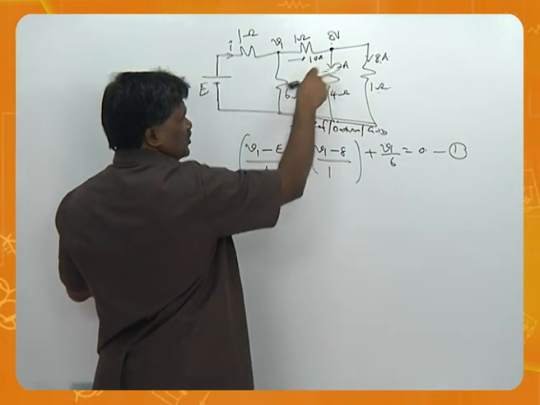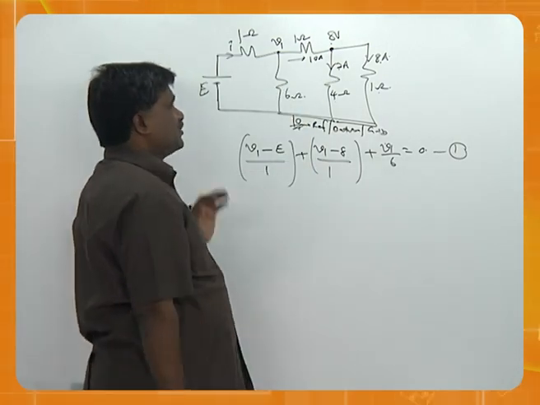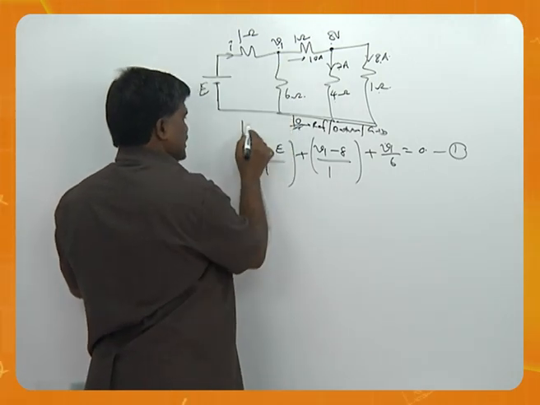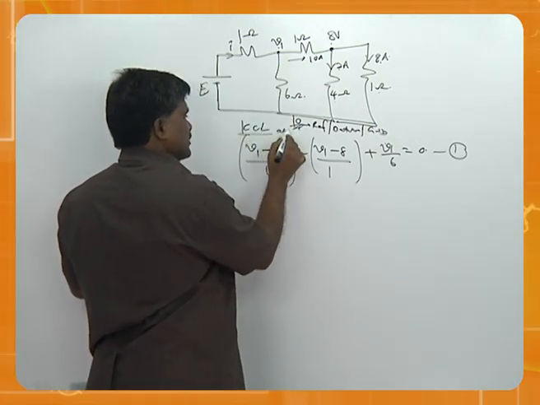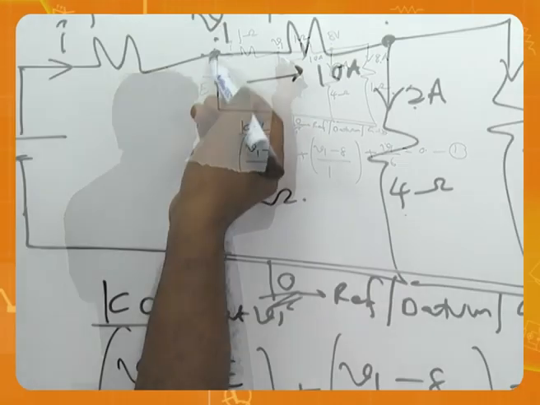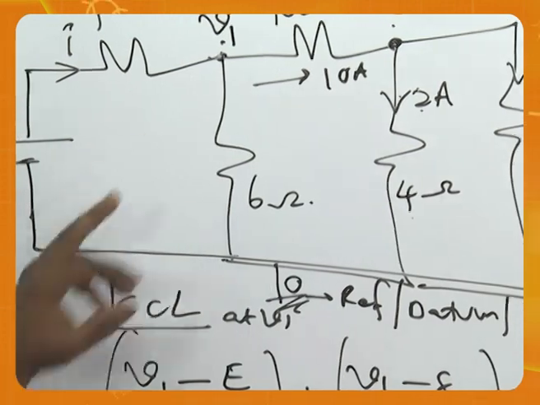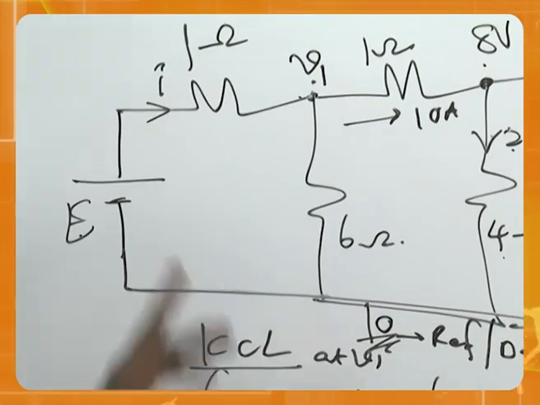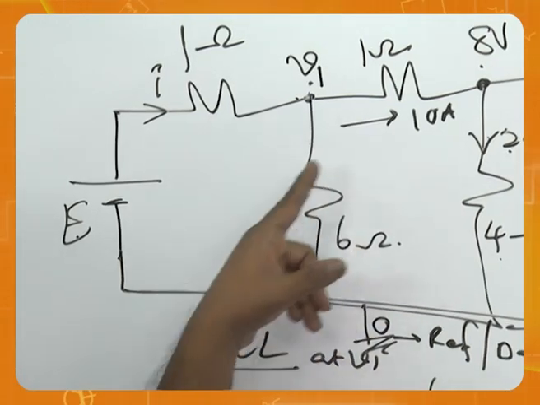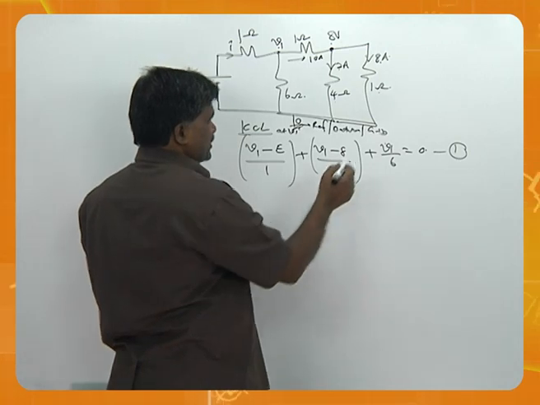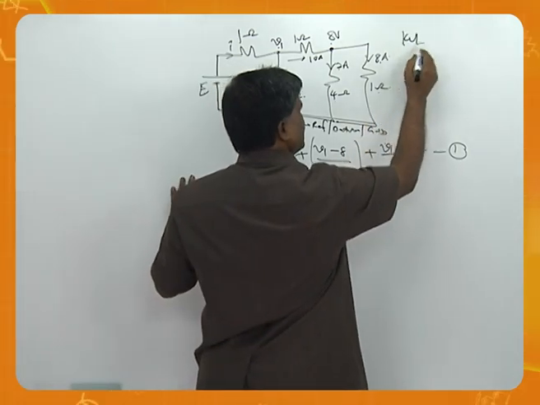This is KCL at V1. Now I am going to estimate this so that I can understand this voltage as well as current. This current I know, this current I know, this I don't know. So I will apply KVL.